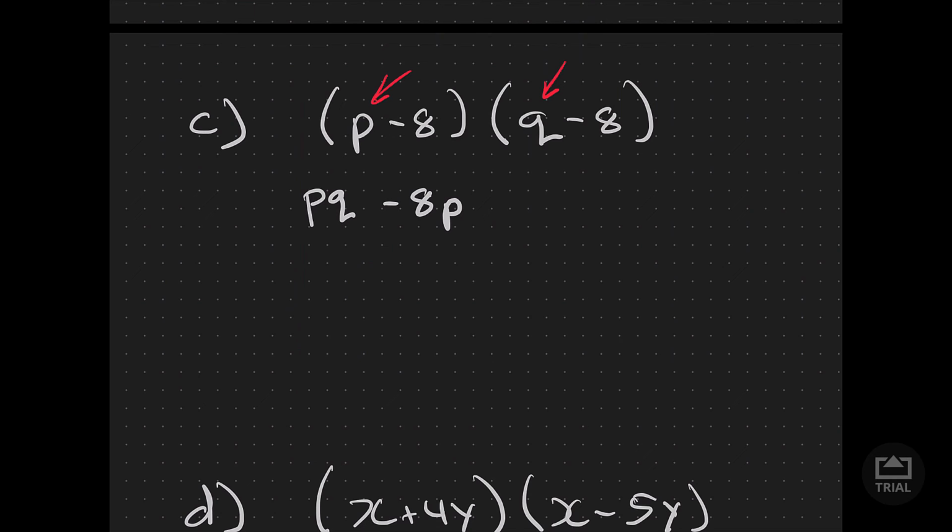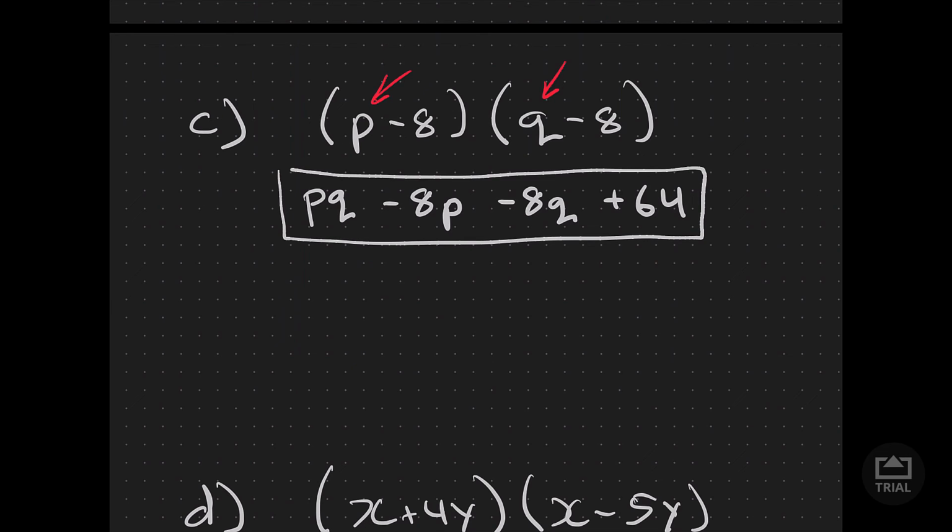The inside ones is negative 8 times q, so negative 8q. And our last is going to be negative 8 times negative 8, which is positive 64. Okay, and you can see that in this case, these two have different variables, so no, they cannot combine together, and that would be your final answer.